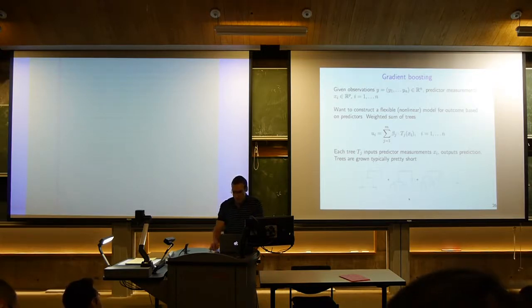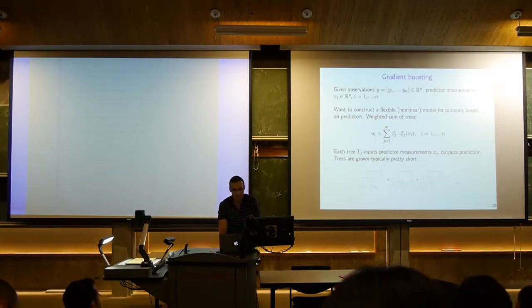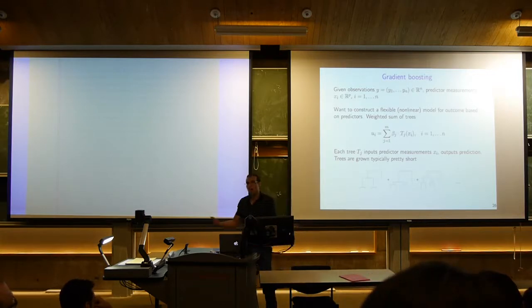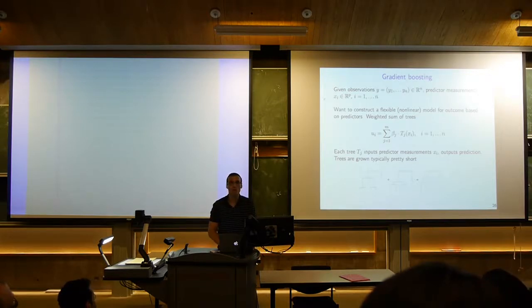So let's suppose we're in a situation where we have observations, y1 through yn, and some predictor measurements, x1 through xn. We could be thinking of a setting in which these are continuous, and so we're trying to do something like regression. Or these could be discrete, and we're trying to do something like classification. Either setting is fine to keep in mind here.